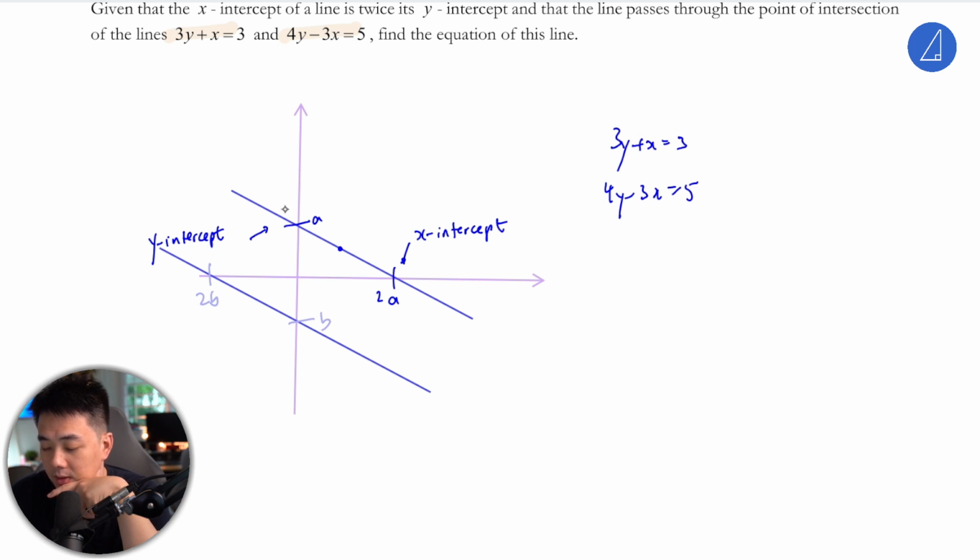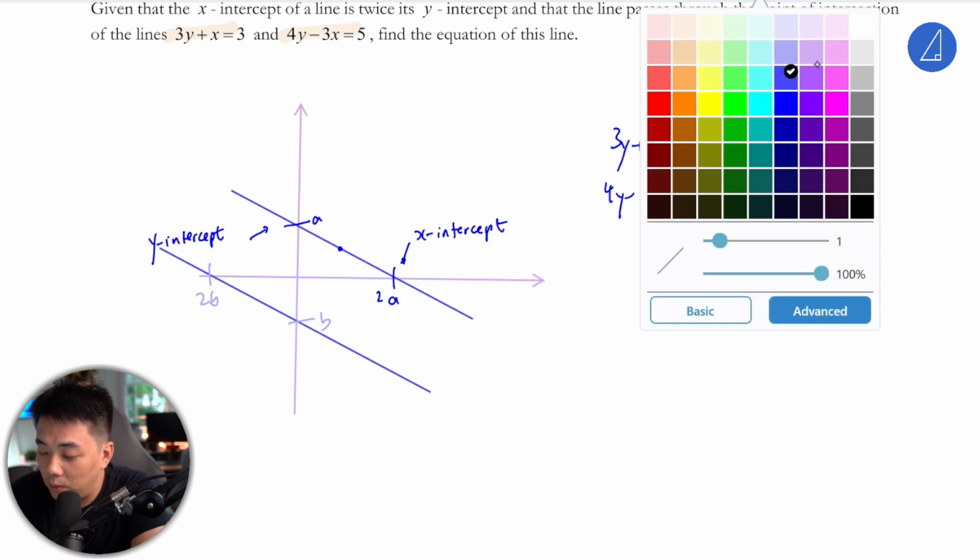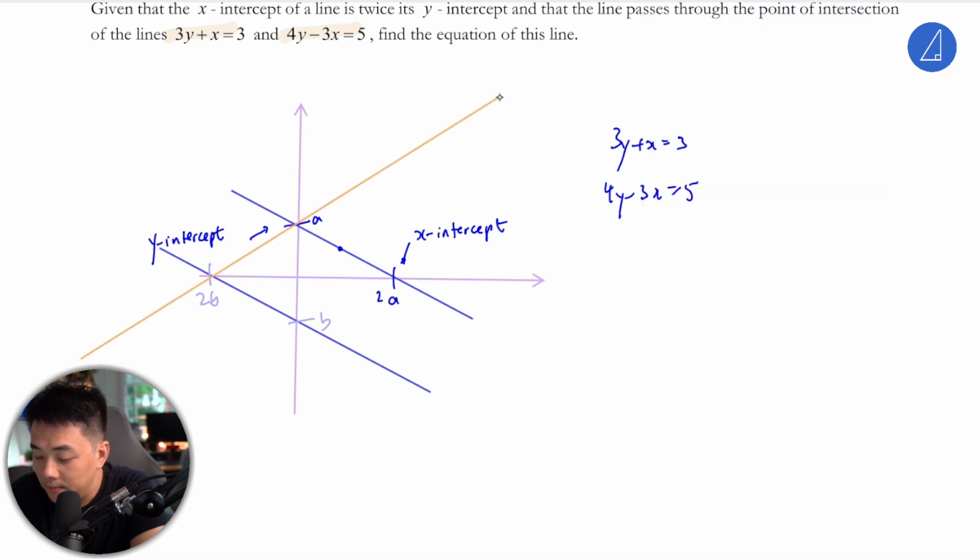No, it doesn't work, because if it is positive sloping, then this is not twice of it, since this is a negative value. So it cannot be a positive sloping one. It has to be a negative sloping one, right?